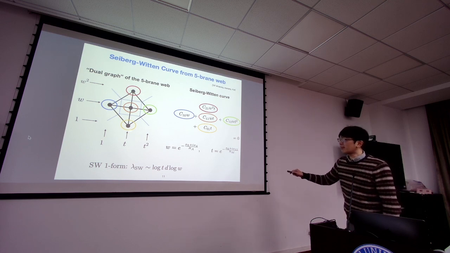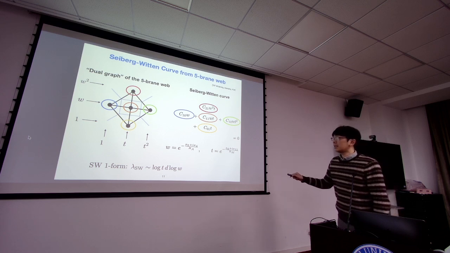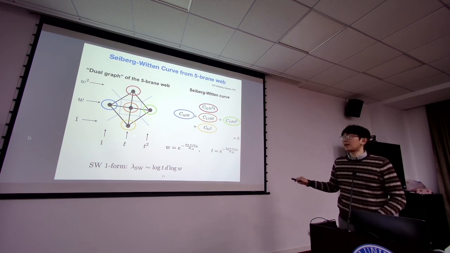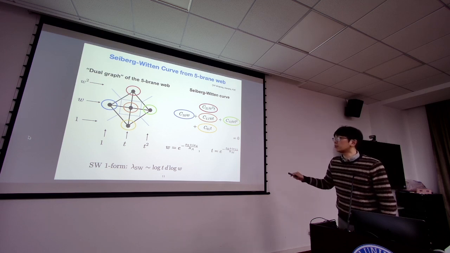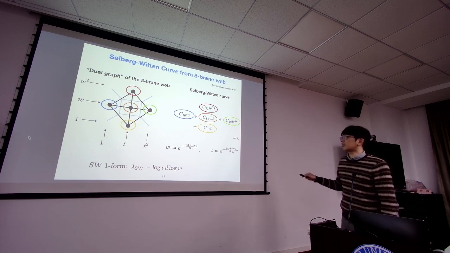And once we obtain this dual graph given in black, we correspond each dot to a monomial inside the Seiberg-Witten curve.